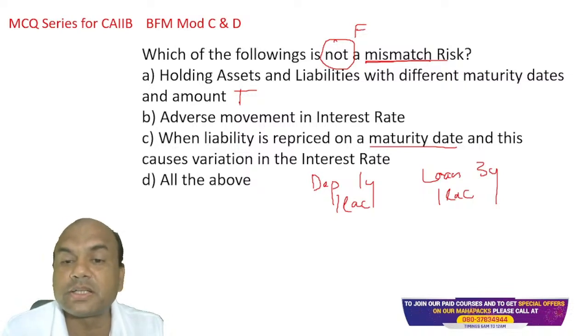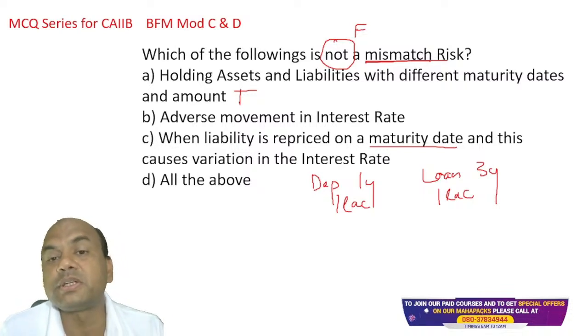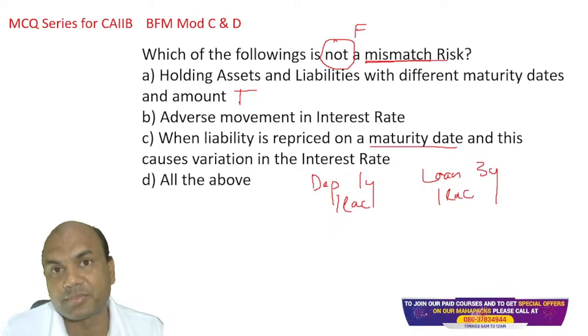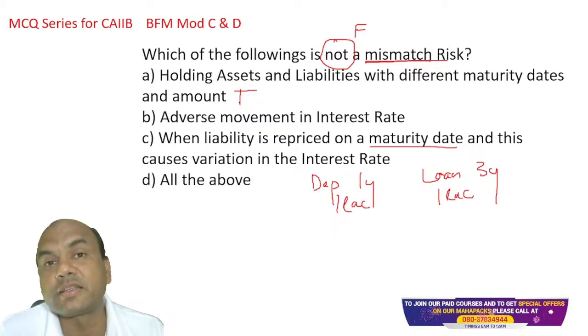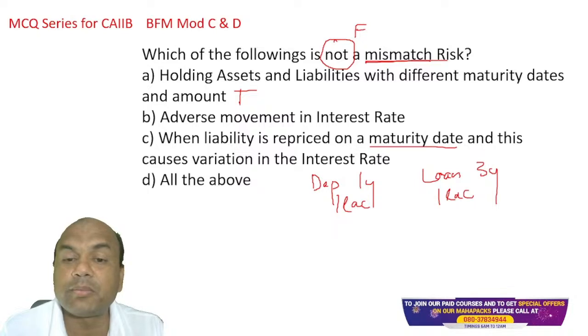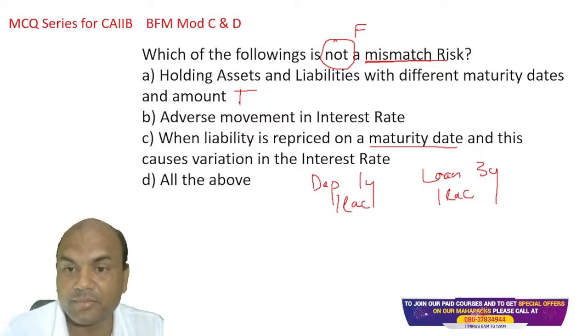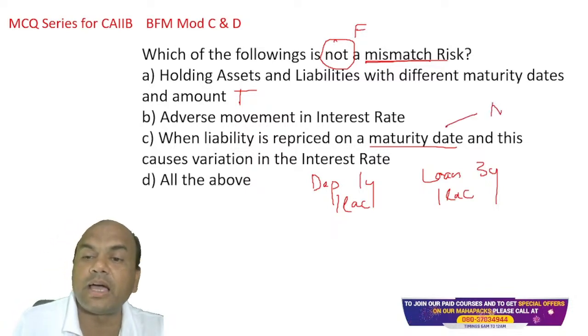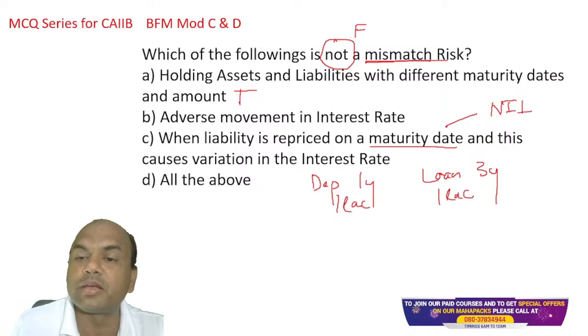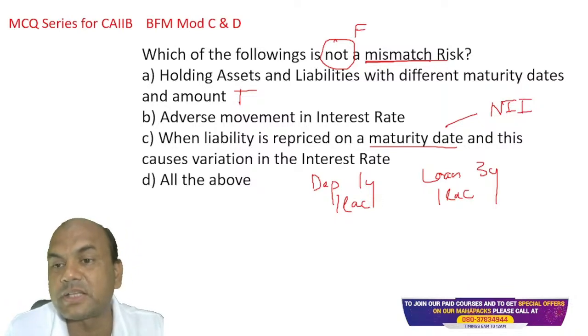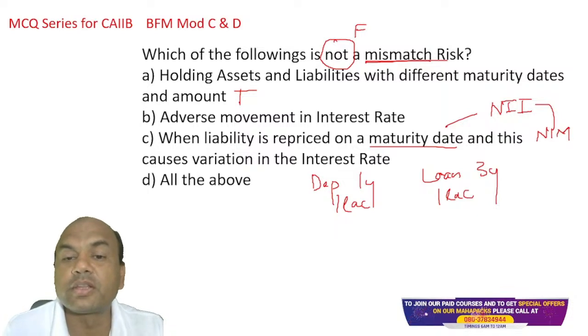So this deposit is repriced. If the deposit goes against my favor, if the deposit interest rate has increased, there will be a mismatch between the interest rate of the loans as well as on the deposit. So NII will be affected, and further to this, NIM, net interest margin, will be affected, right? So this is definitely a mismatch risk. So this is also true.